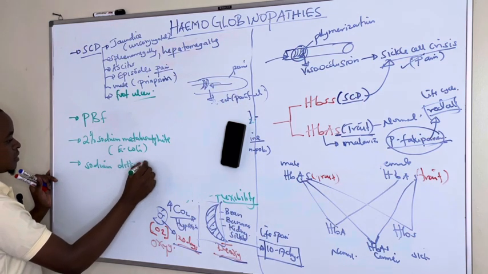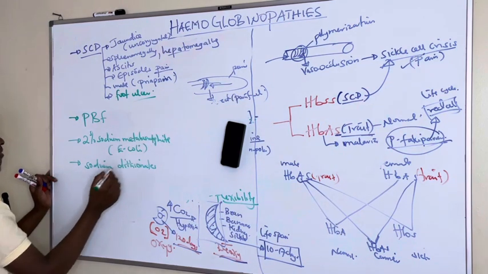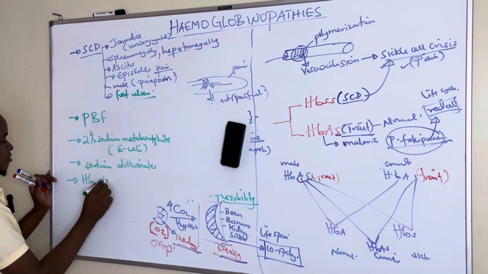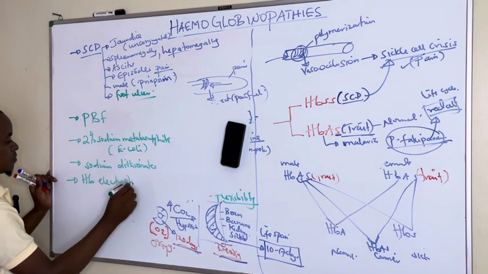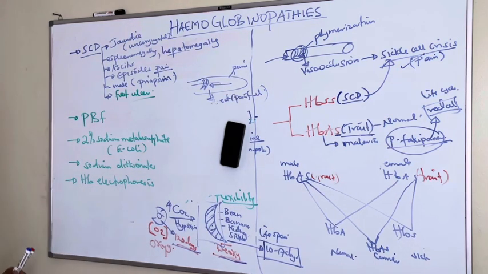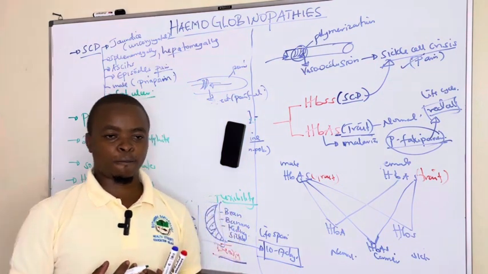These are screening tests. Then whenever we screen and find these guys are positive, we can do a confirmatory test, whereby we do HB electrophoresis. So these are the diagnostic methods we can always do on sickle cell.